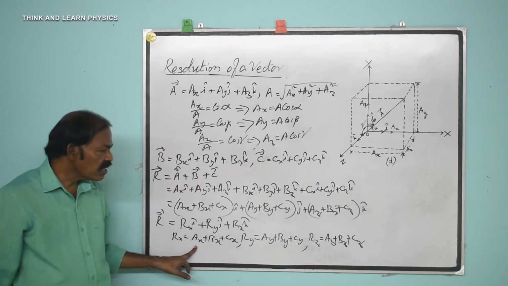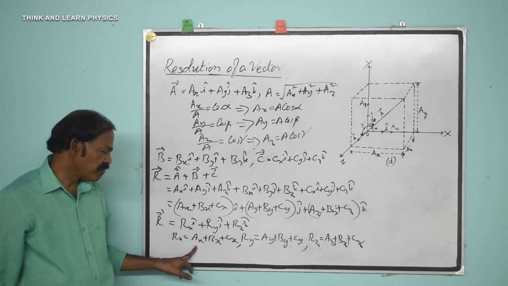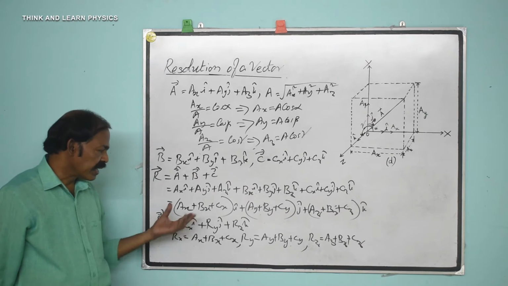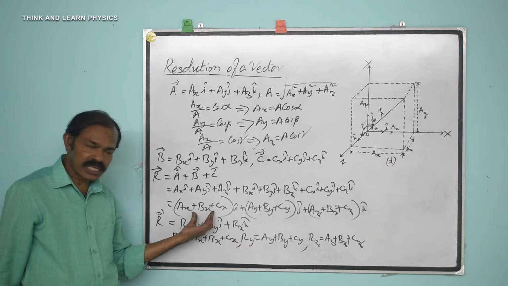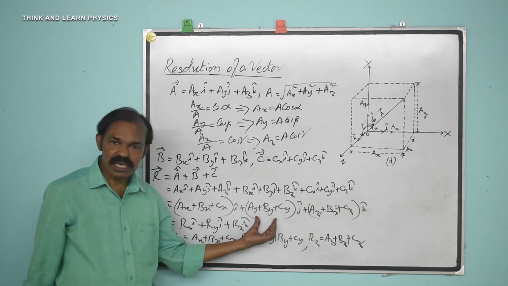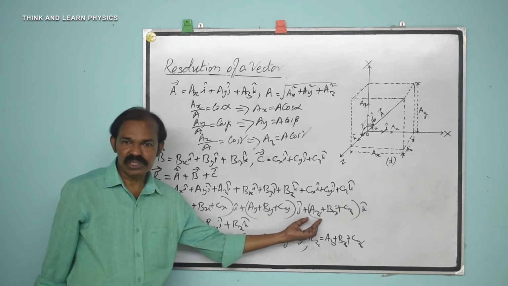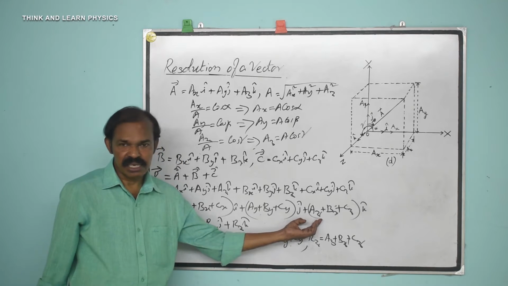Thus we see that in order to add three vectors, it is enough if we add the x components together and multiply with i cap, then the y components together and multiply with the j cap, and the z components together and multiply with the k cap.